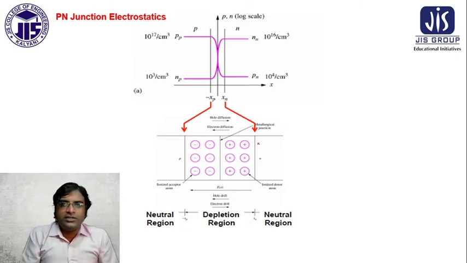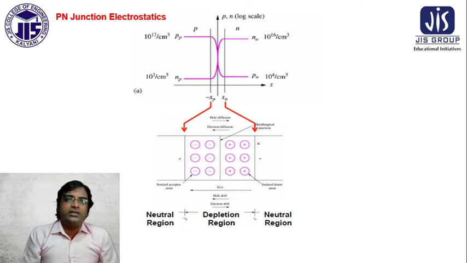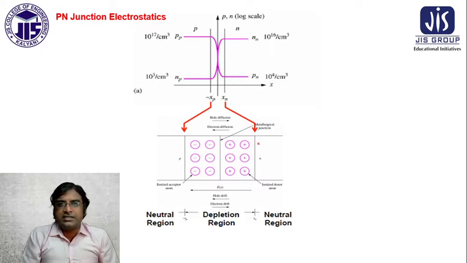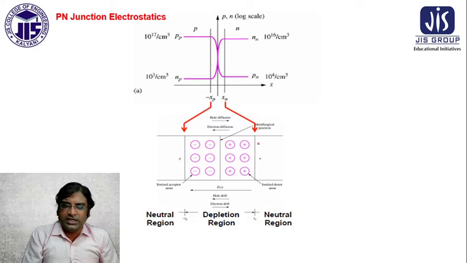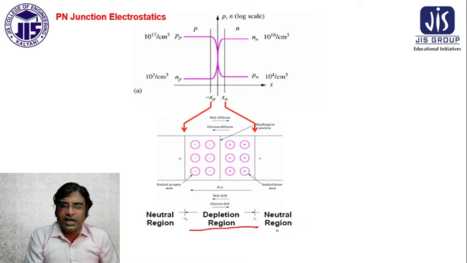Here you see the PN junction electrostatics representation, in which there is a depletion region spread here, and the neutral regions are on this side and this side.